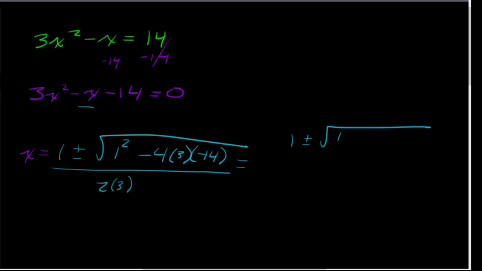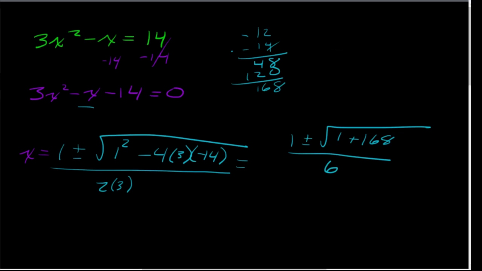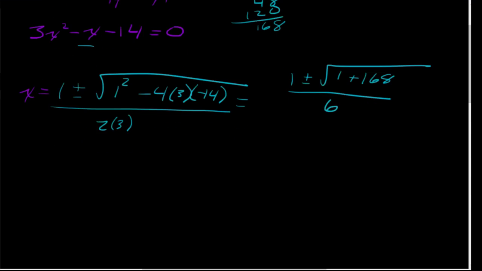Negative 4 times 3 is negative 12. And negative 12 times negative 14. Well, 4 times 2 is 8. 4 times 1 is 4. 1 times 2 is 2. 1 times 1 is 1. 168. And a negative times a negative is a positive. 2 times 3 is 6.